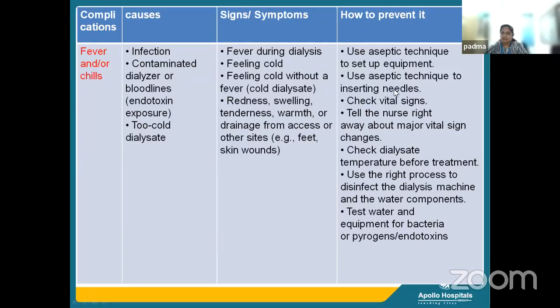Management for this: use aseptic technique to set up the equipment and while inserting the needle, tell the nurse right away about major vital sign changes, and check dialysate temperature before the treatment.